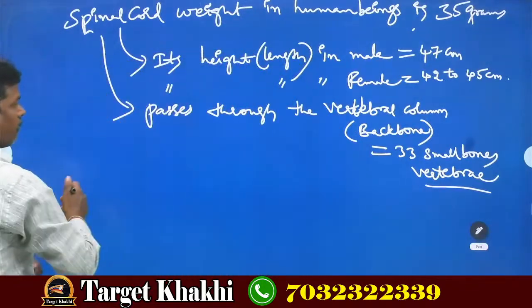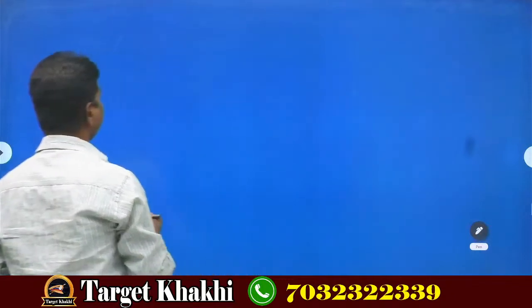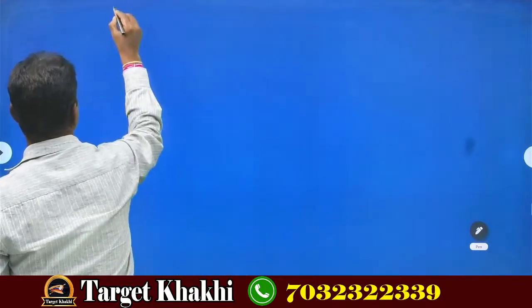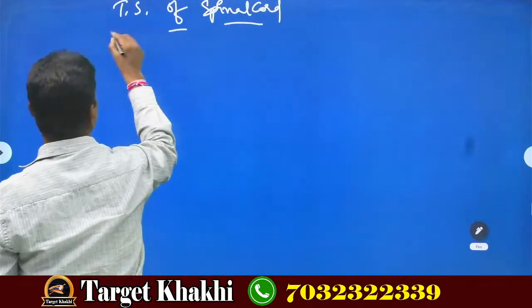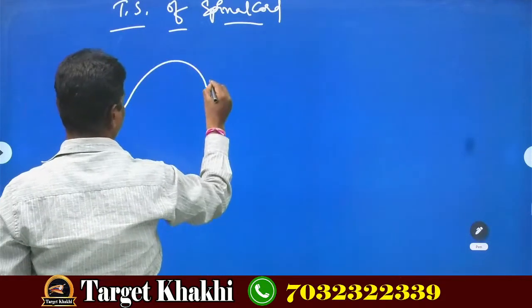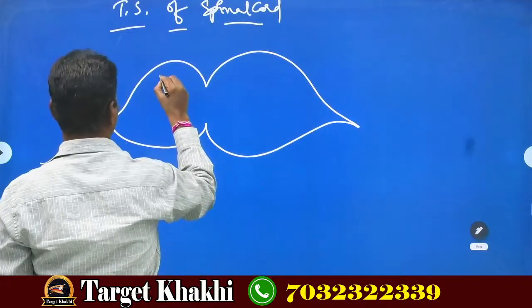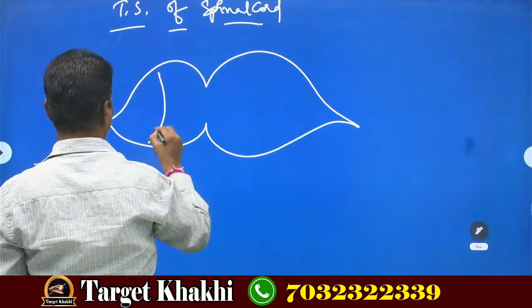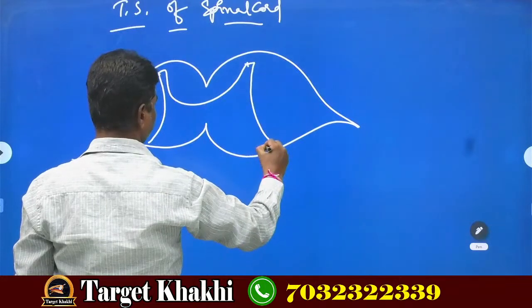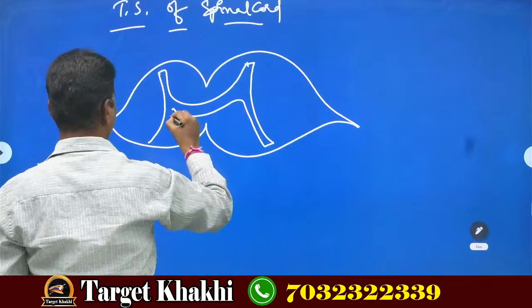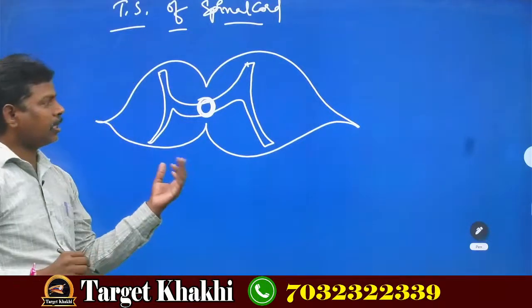Next. Now I am drawing the TS of spinal cord. So this is the TS of spinal cord.